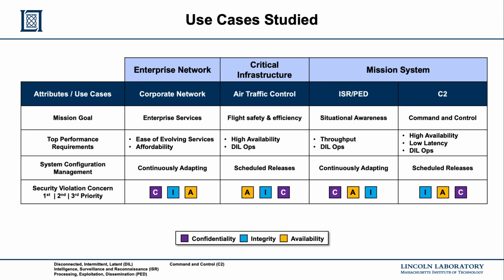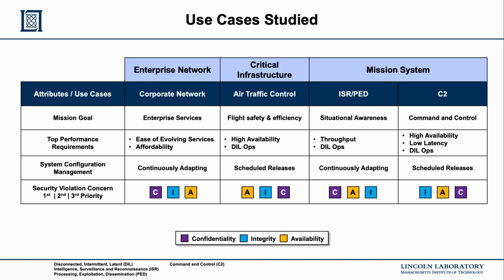And we looked at enterprise networks, critical infrastructure, one particular type of one, an air traffic control system, and then mission systems that perhaps the Department of Defense would be interested in. And we looked at some categories of those that focus on intelligence, surveillance, reconnaissance, and command and control. We came up with a way of thinking through these requirements as indicated in the table here.